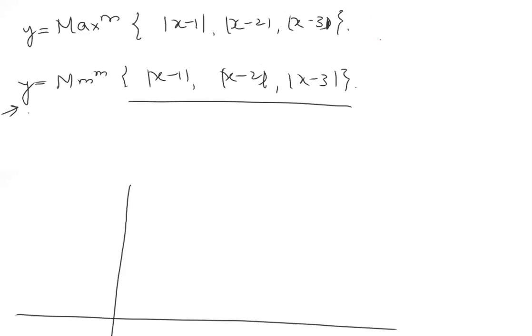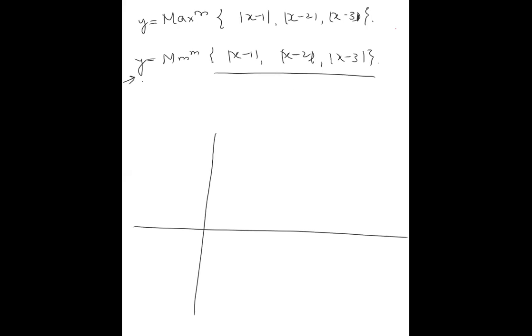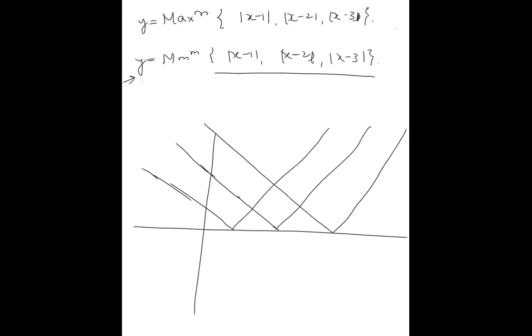Minimum of this graph. So what you have to do is just draw the graph of each and every one of these: 1, 2, and 3. So first graph, mod x minus 1. Second graph, mod x minus 2. Third graph, mod x minus 3. Draw the graphs in one frame. Now you have to compare.